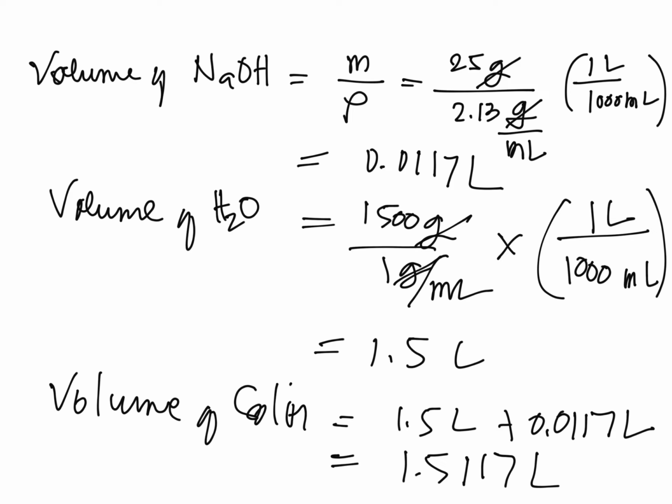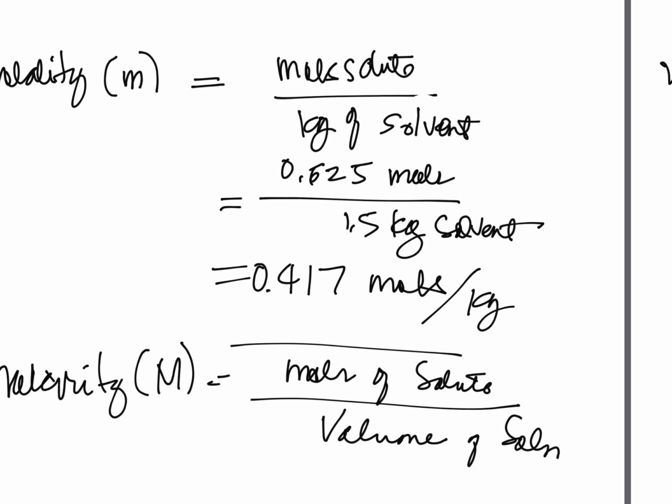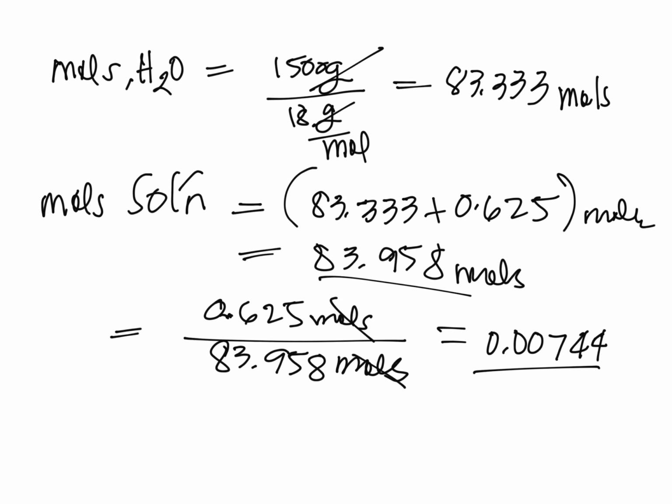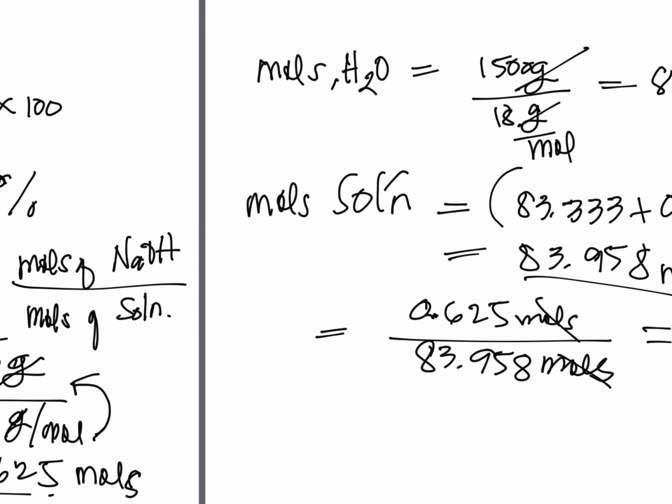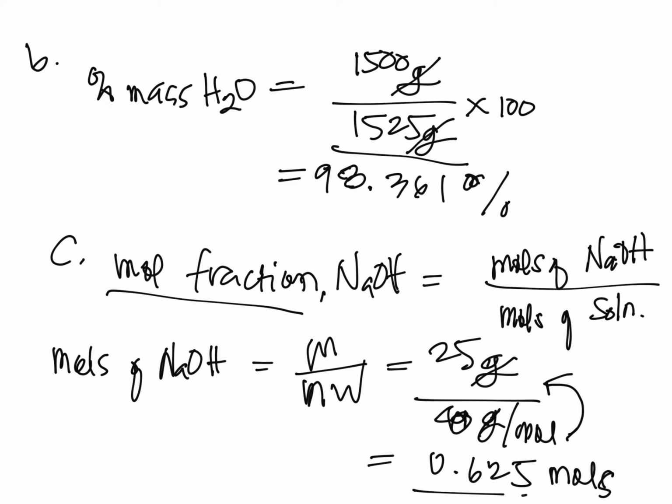So for molarity, that's moles of solute over the volume of the solution. So big letter M, or the molarity, is the moles of the solute, which is the moles of the sodium hydroxide, that will be 0.625 moles.